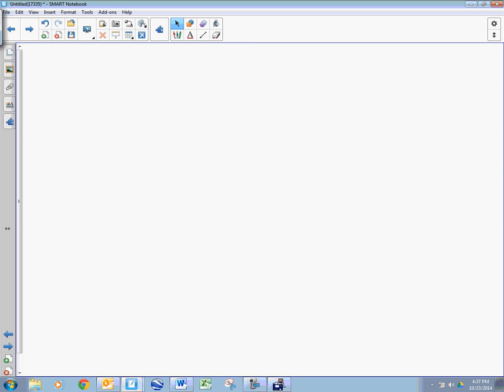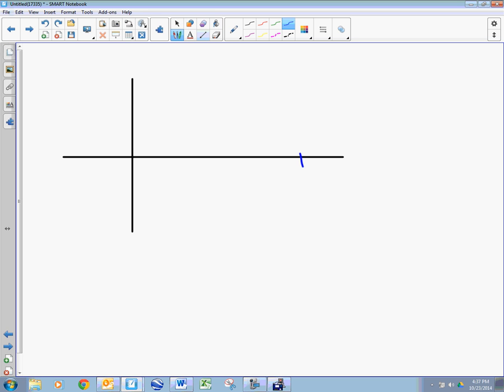If I were to just sketch a quick graph, figure this out very quickly. Let's try that again. Remember what the graph of sine looks like.